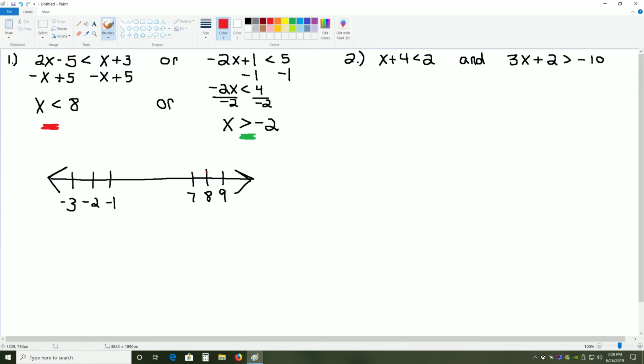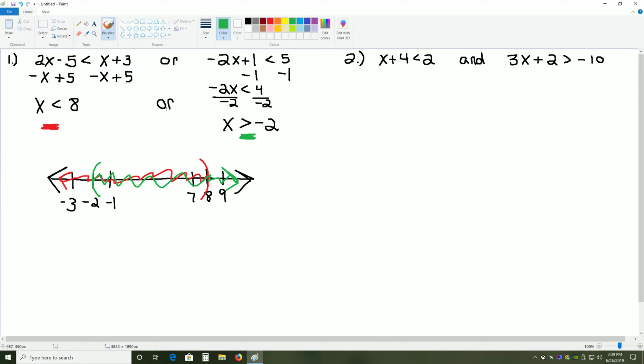So to graph x is less than 8, we put our parenthesis at 8 and shade to the left with an arrow pointing left. To graph x is greater than negative 2, we start with a parenthesis at negative 2 and we shade to the right with an arrow pointing to the right.